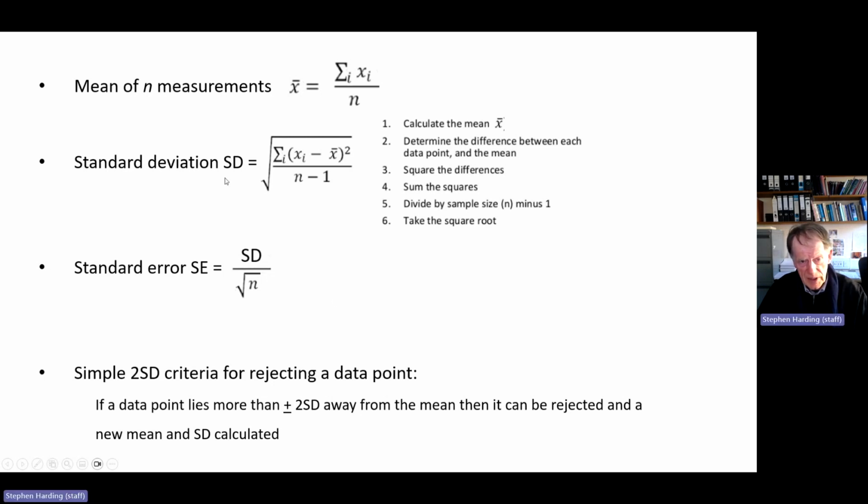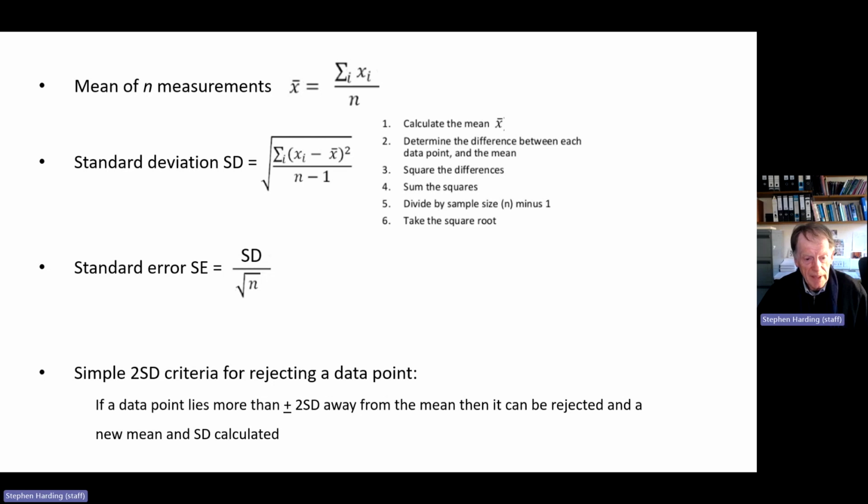But now we've defined the standard deviation, how to measure it, we can then define a simple criteria for rejecting a data point. Okay, this is not a full error analysis course. What I'm doing here is giving you a simple criteria, the 2 standard deviation criteria for rejecting or accepting a data point.